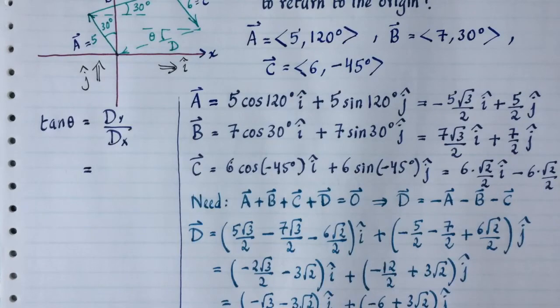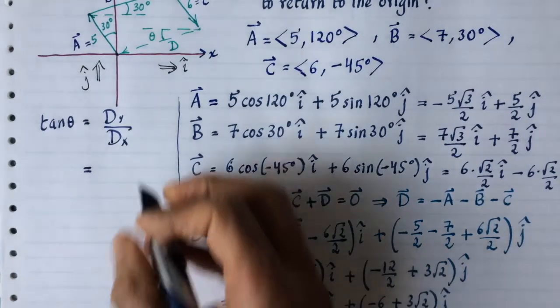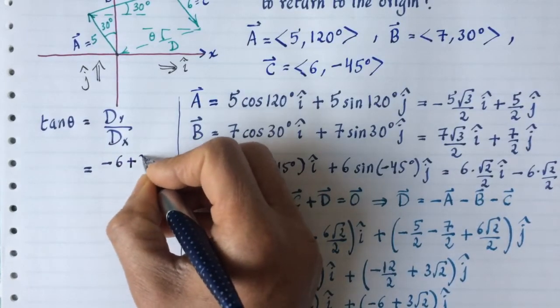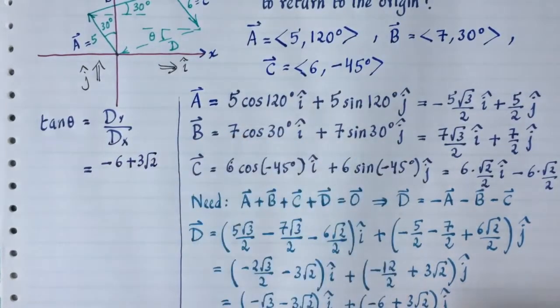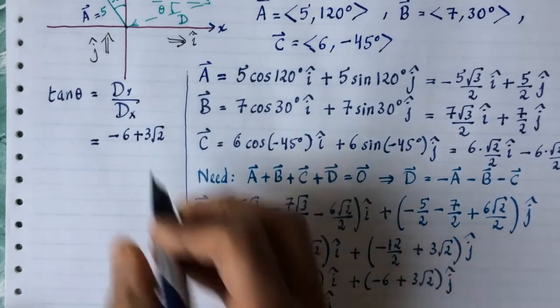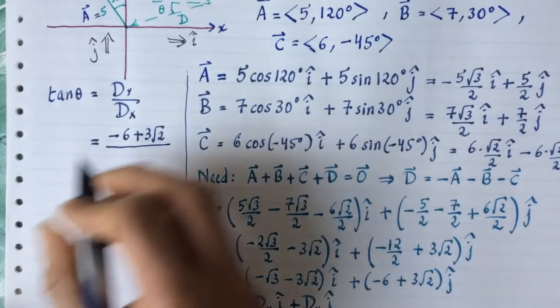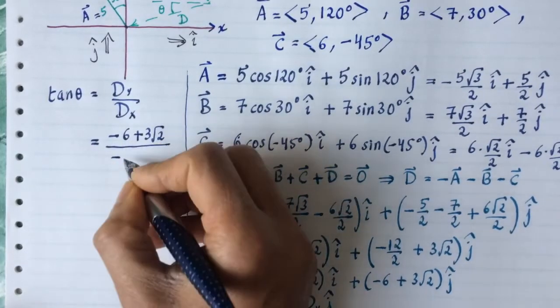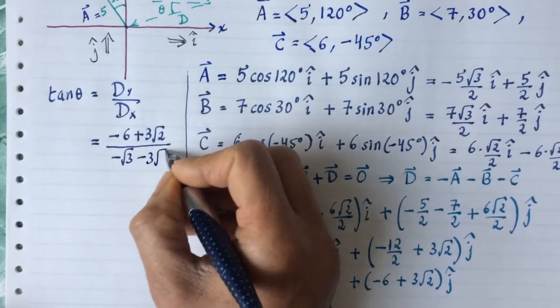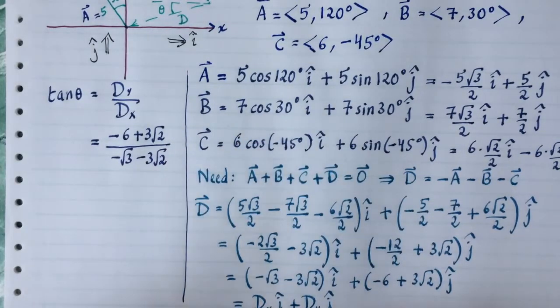So I can write down what that is. It's going to be negative 6 plus 3 root 2. That's what dy is. And dx is this one, negative root 3 minus 3 root 2. And this is where drawing a picture is very important.